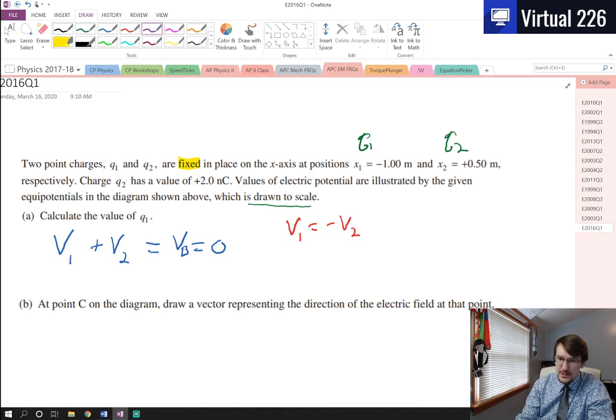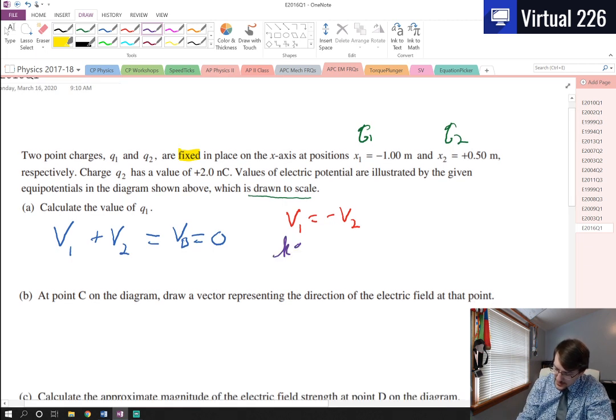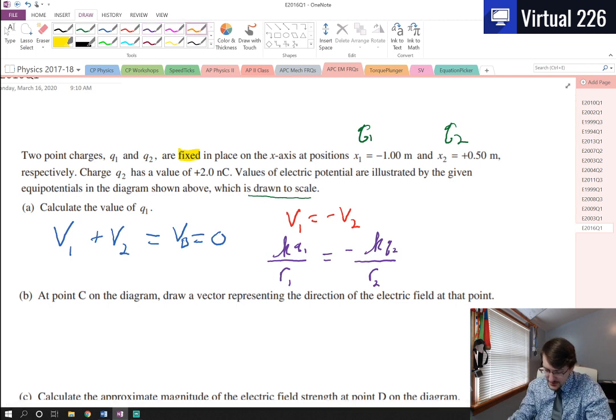And if we do this, we can use the point charge values of k Q1 over the distance equals negative k Q2 over the distance. If we set these equal like this, these k values go away.